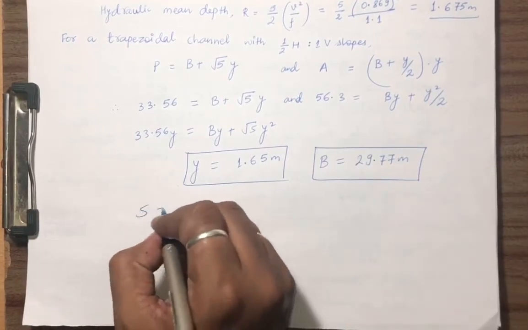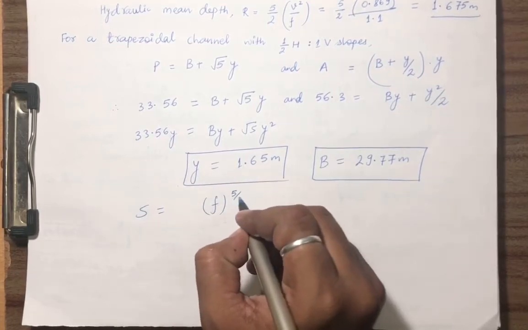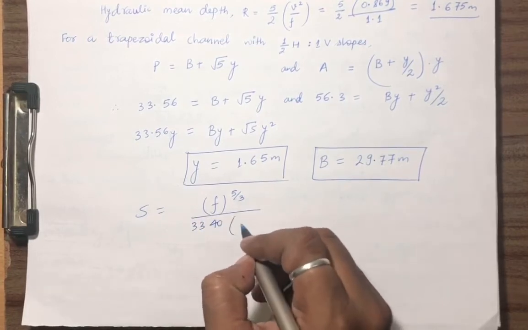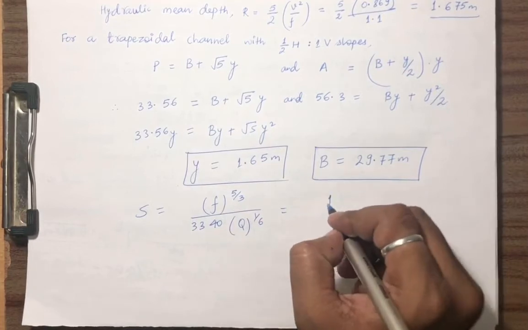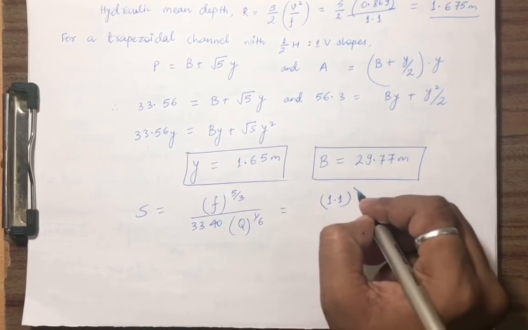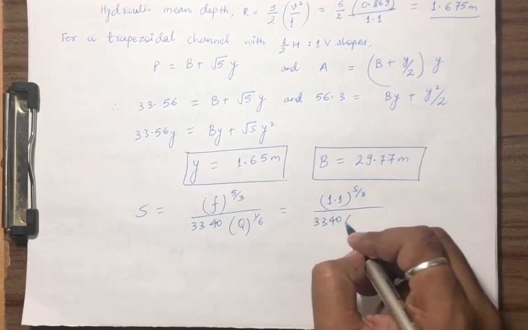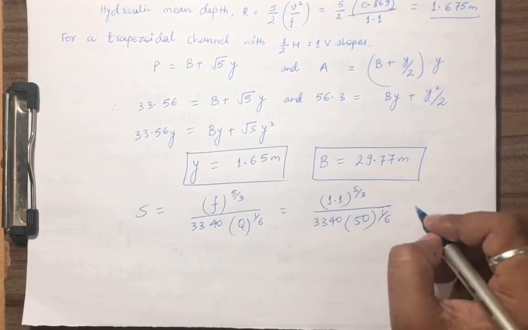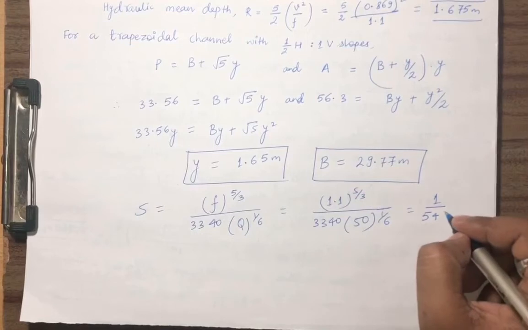Now the bed slope is f raised to power 5 by 3 upon 3340 Q raised to power 1 by 6. So 1.1 raised to power 5 by 3 upon 3340 times Q, which was 50, raised to power 1 by 6. It is coming out to be 1 in 5420.